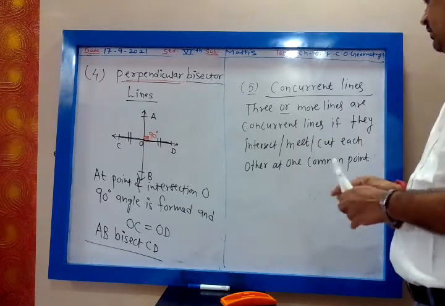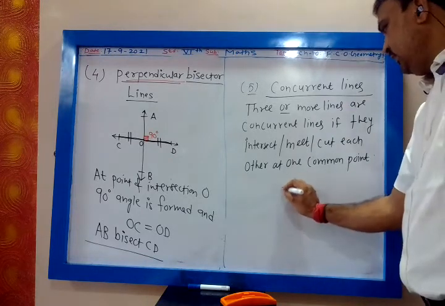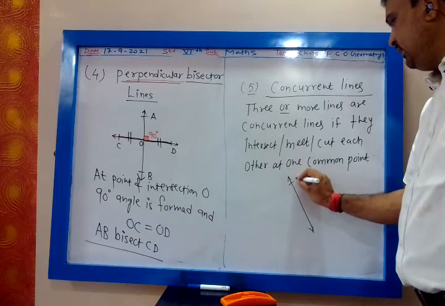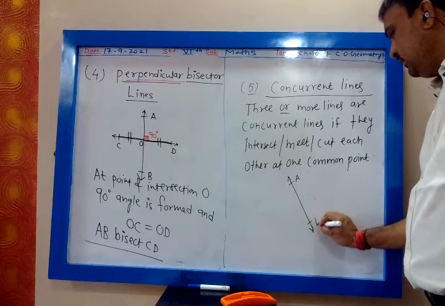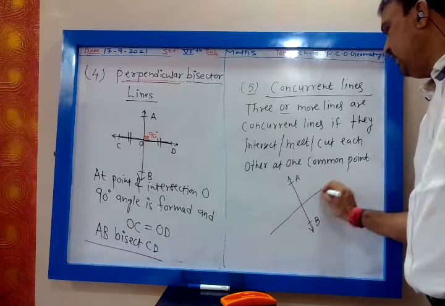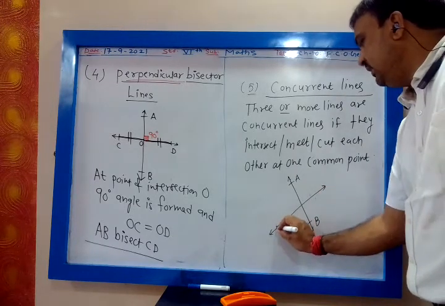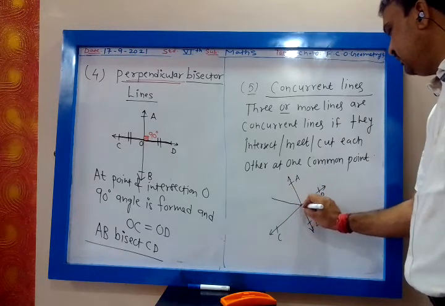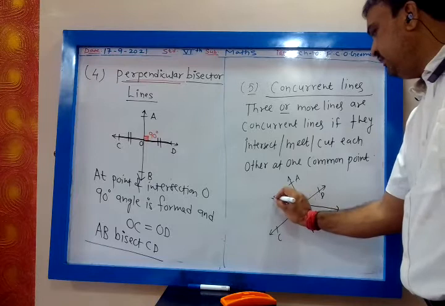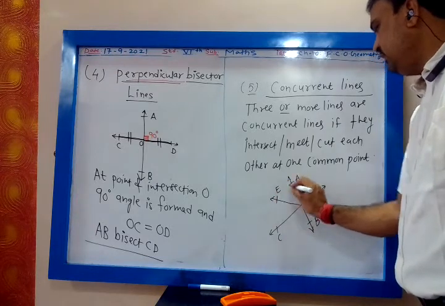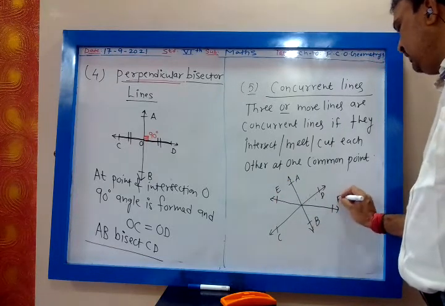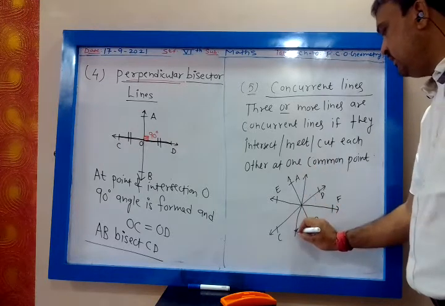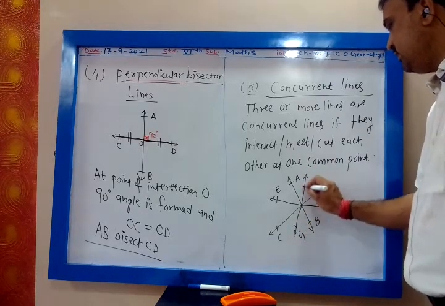So we can draw the concurrent lines. Line AB, then line CD, you can take line EF, you can take line GH.